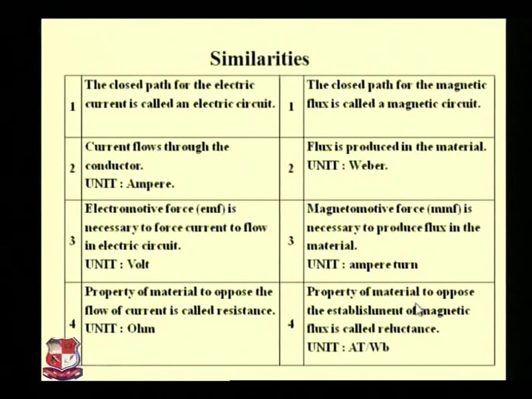While the property of a material to oppose the establishment of magnetic flux is called reluctance, and the unit is ampere-turn per Weber. So in magnetic material there is some property which opposes the establishment of flux, and that is known as reluctance. So in the similarities, in point 4 there is resistance with unit ohm, and reluctance with unit ampere-turn per Weber.